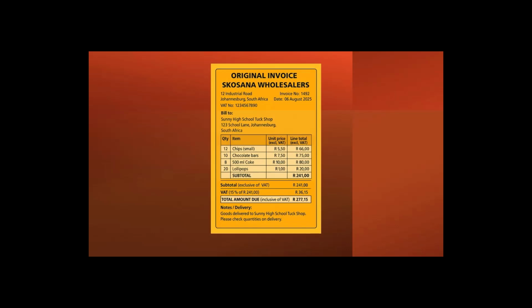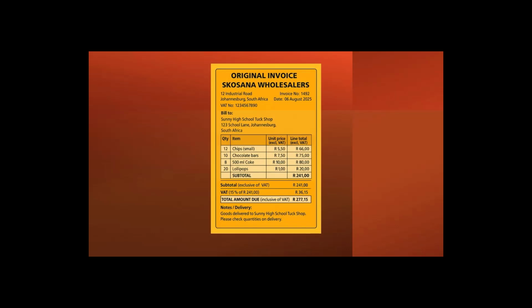We have a subtotal of 241 Rand, VAT of 36 Rand and 15 cents, and then we have the total amount due inclusive of VAT of R277.15.